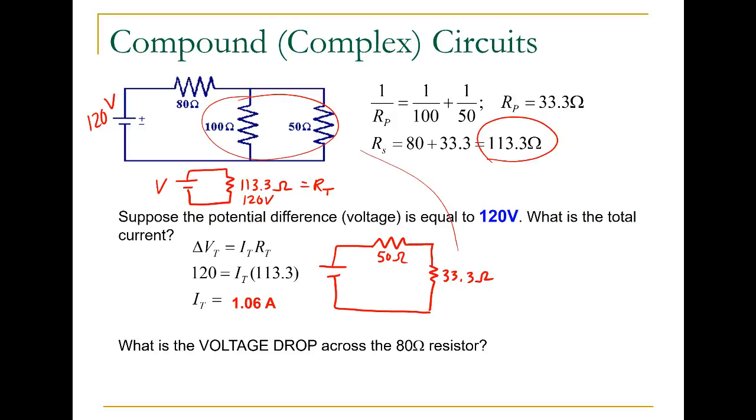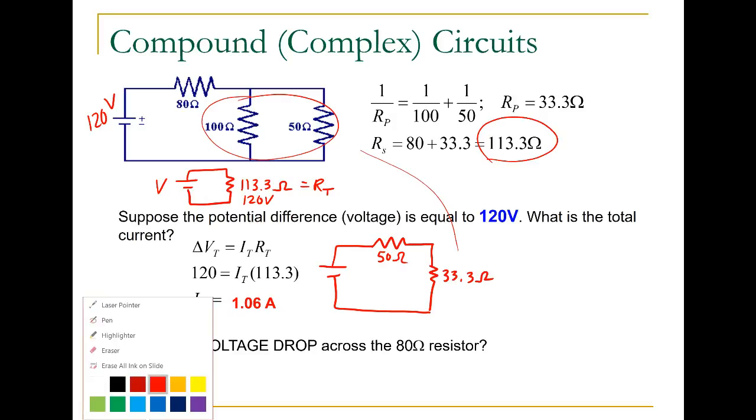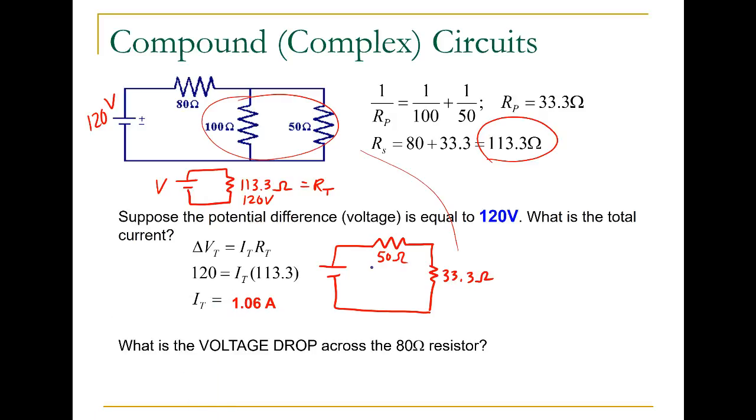Okay. Well, the thing that we can use is that because these are in series, remember CSVP, that means that the current is 1.06 for the 50 ohm, and then this current, we'll call that I23, is also 1.06.